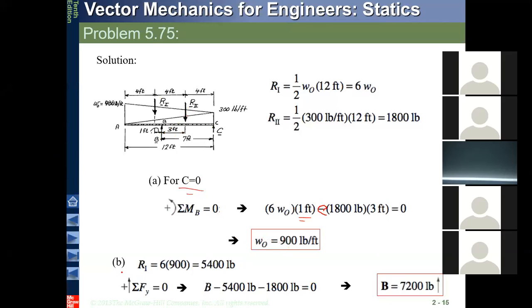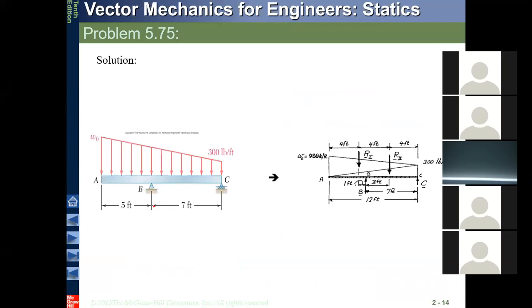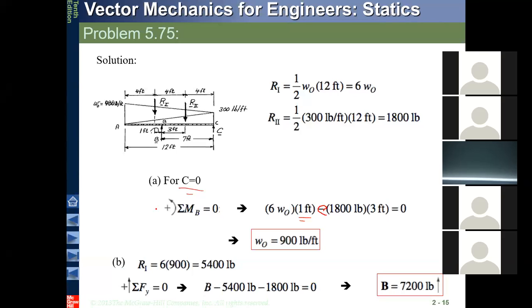Because from A to B it is 5 foot, right? From A to B it is 5 foot, and then this is the 4 foot.